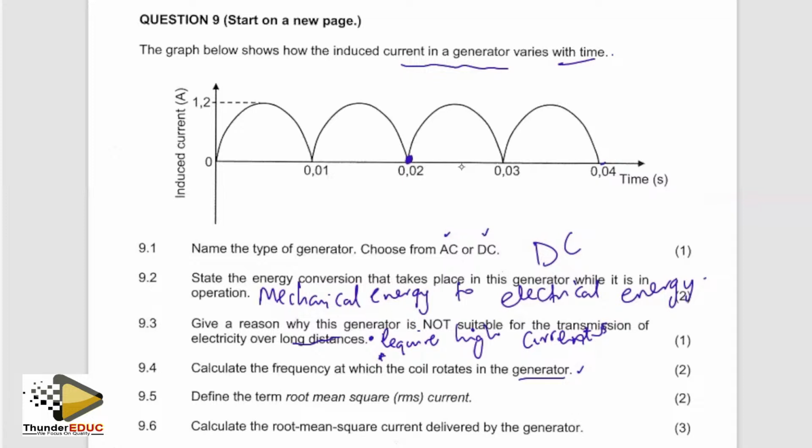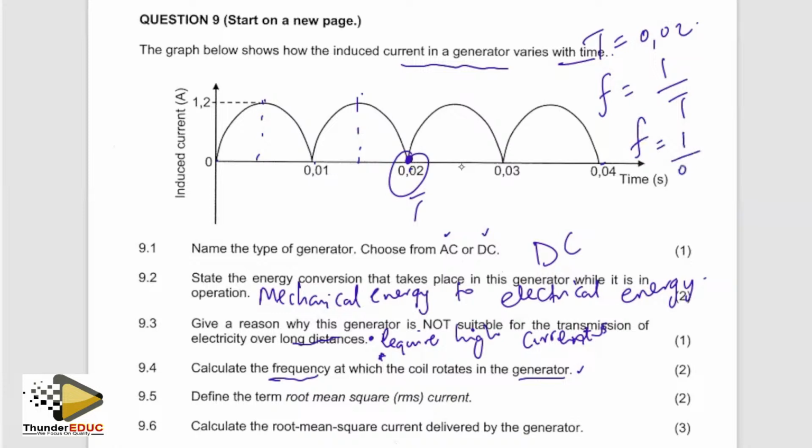If that is a full cycle, it will be divided, so if that's 0, that's probably 90, 180, and then 360. So we know that the period is 0.02. From our formula page, we know that frequency is the reciprocal of the period. So frequency is going to be 1 over 0.02. Punching this into the calculator, I'm getting 50. So that is 50 hertz.